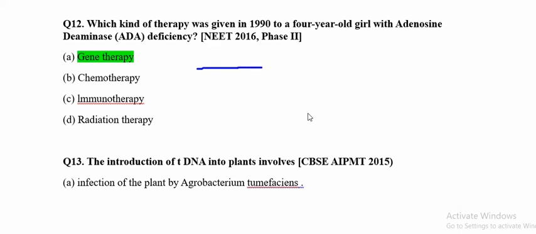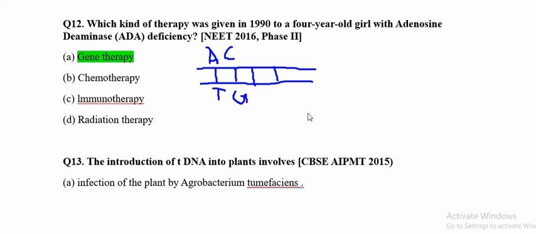The segment of DNA, we know that DNA is a double helical segment, where in the segment there are nucleotides. Adenine pairs with thymine and cytosine pairs with guanine.